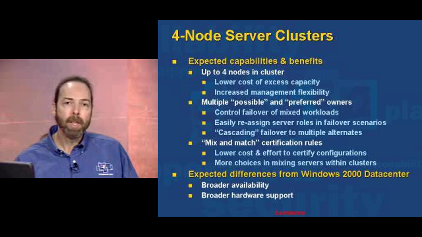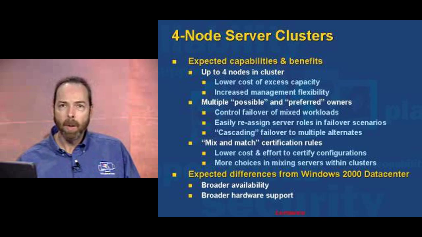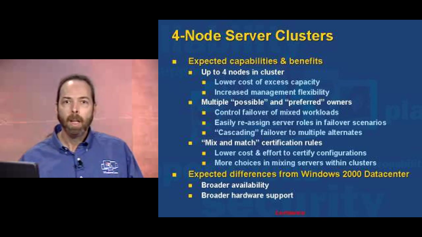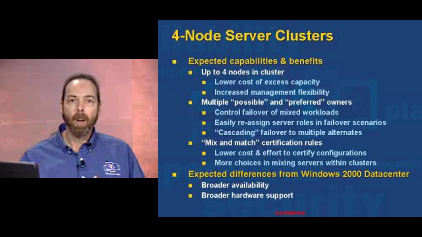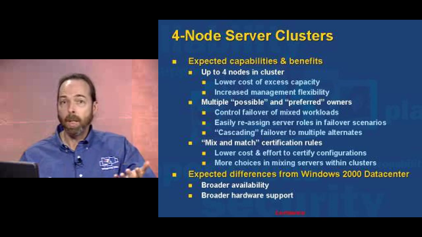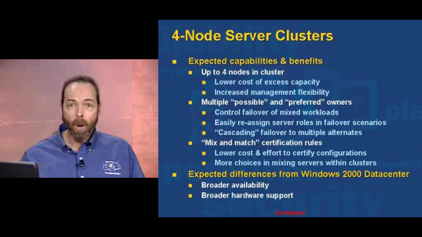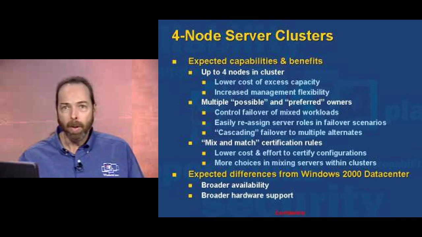Another key benefit that you pick up with larger clusters is operational flexibility. And this primarily applies if you're running mixed workloads, that is, multiple independent applications on each server. With a 2-node cluster, you take one server offline, and all of the workload from that server has to go to the other.